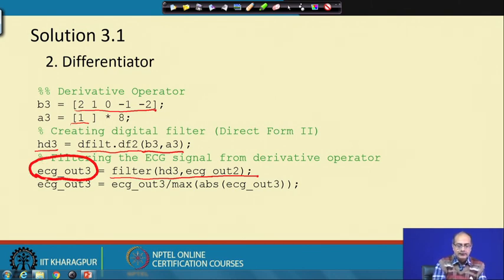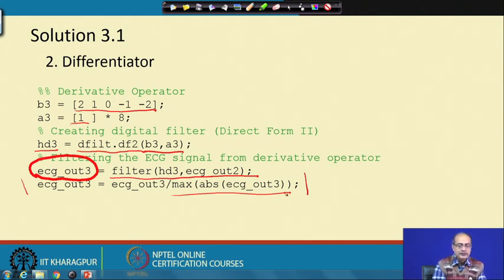Okay. And after that we are doing the normalization, and please note that normalization here is only dividing by the maximum absolute value of the output. Again, we are skipping the part where we subtract the mean.